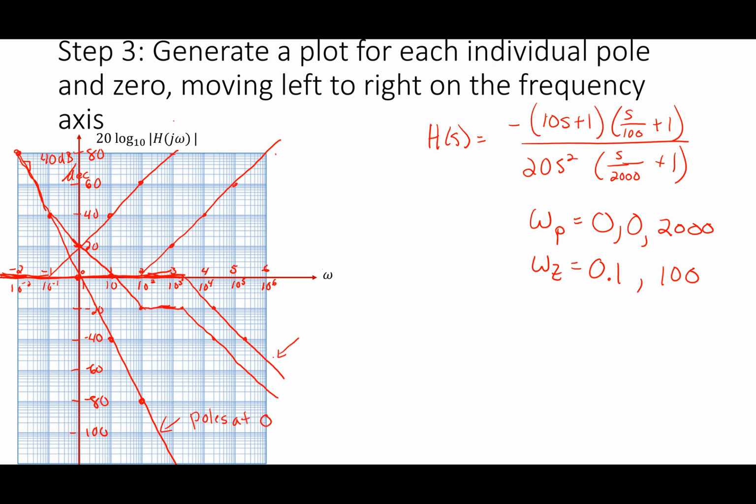This guy is the pole at 2000. This guy is the 0 at 100. And this character is the 0 at 0.1.